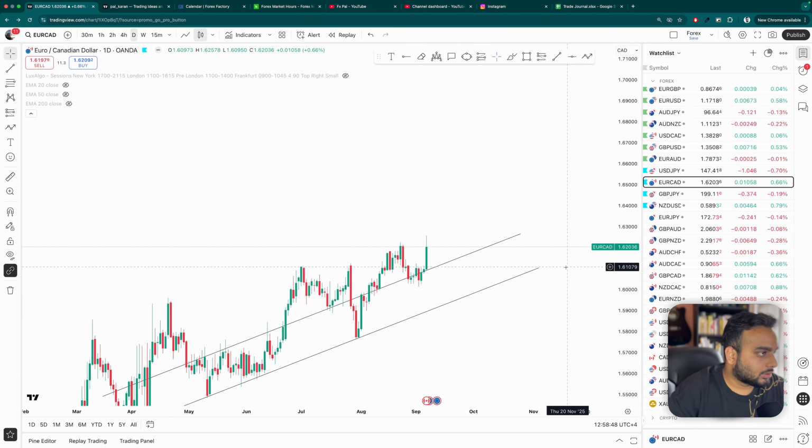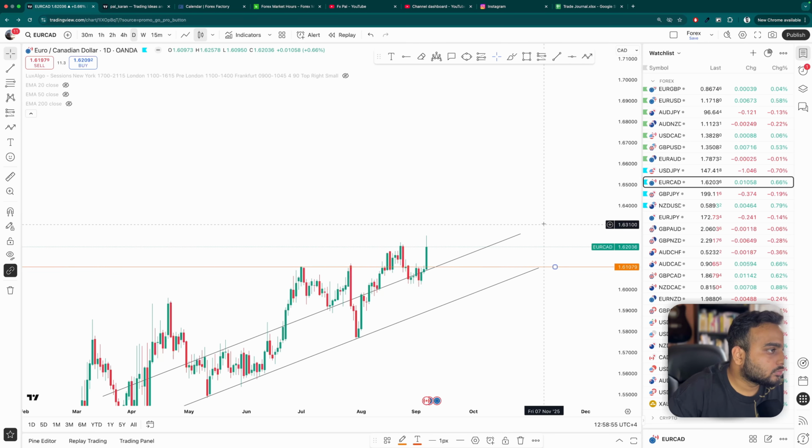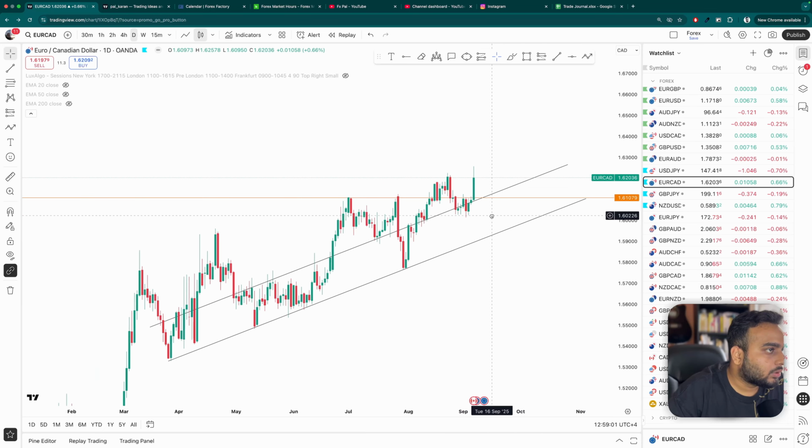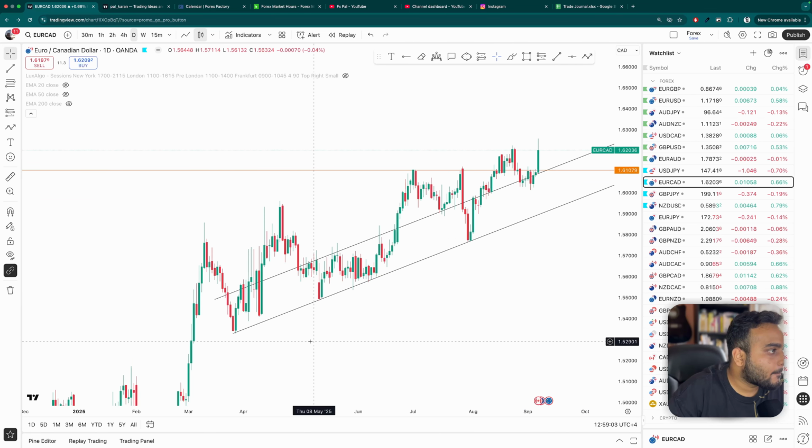Yeah, so this one looks really nice to me. This area, daily support right now, and then on these lines we have one more support here.